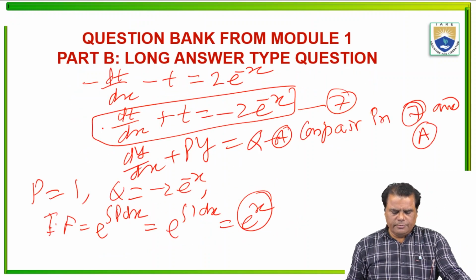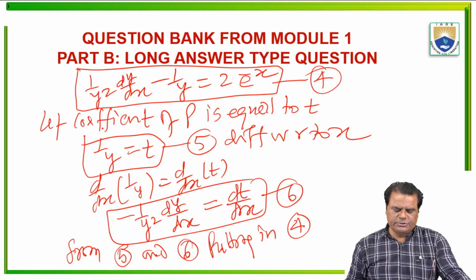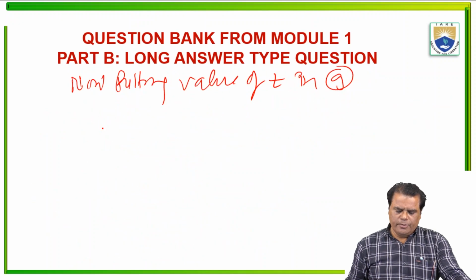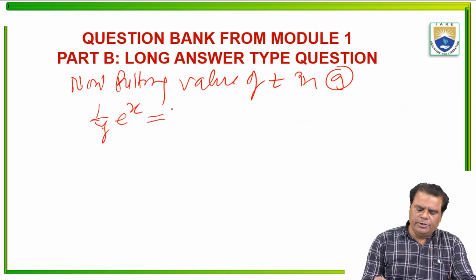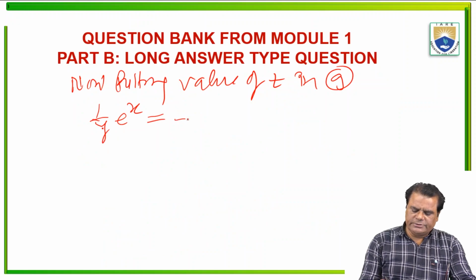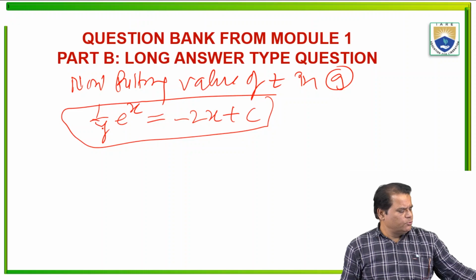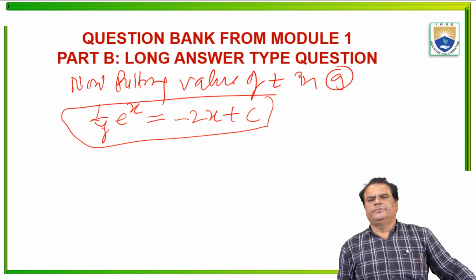The value of t is 1 upon y. So here 1 upon y and e to the power x equal to minus 2x plus c. This is the complete solution of the given problem.